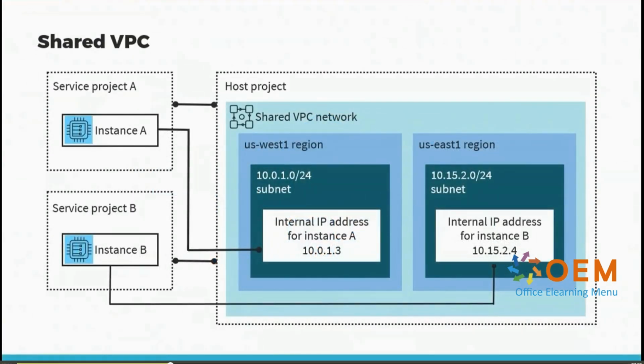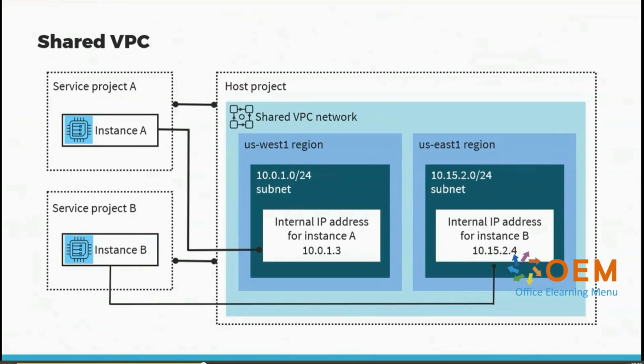The shared VPC feature allows us to build some interesting architectures. Here is an example of shared VPC where we have got one host project that's towards the center right of the screen, and then we have two service projects A and B over on the left. Notice that within each of these service projects, we have corresponding VM instances. So we have instance A inside service project A and instance B inside service project B. What's important is that these two instances are on the shared VPC network.